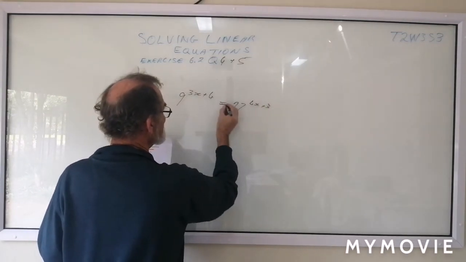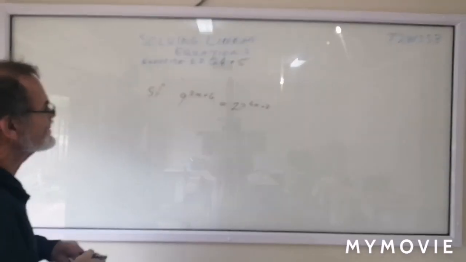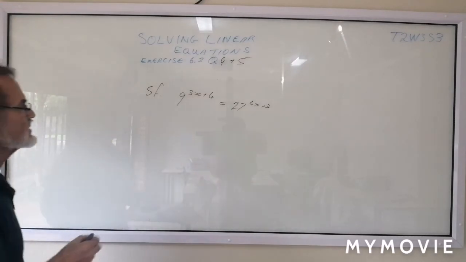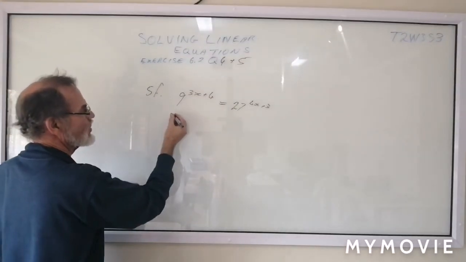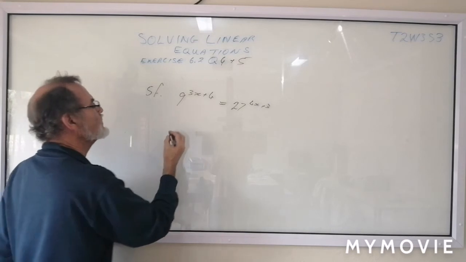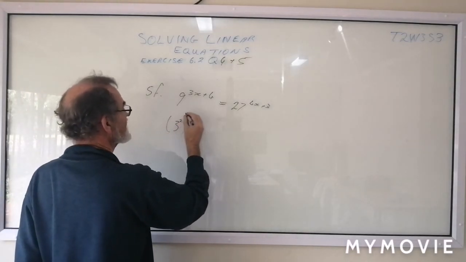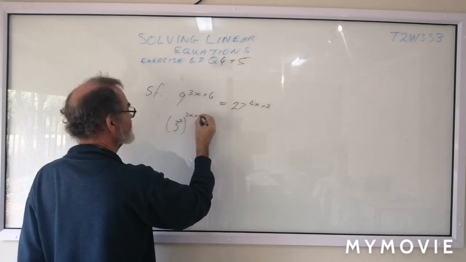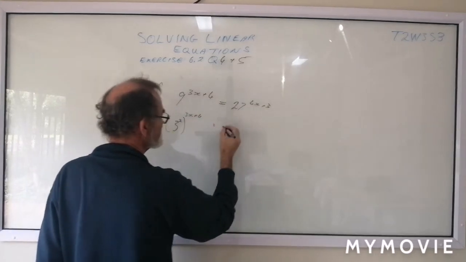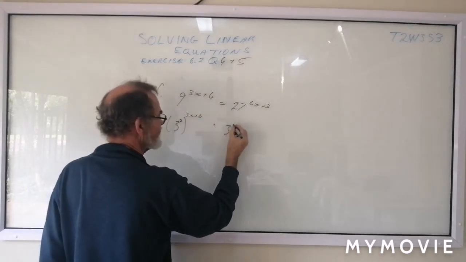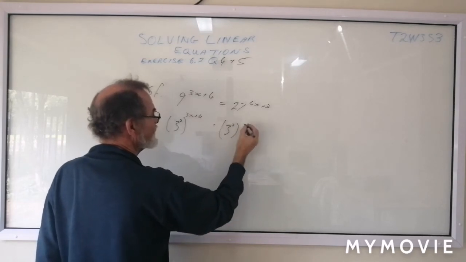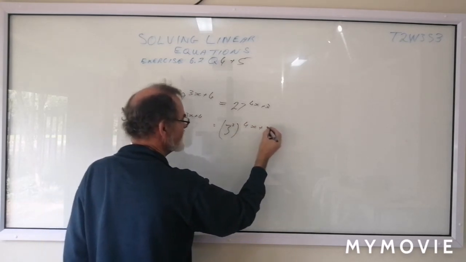So this one is actually the same as the previous one, there's just more of it. We're going to change our 9 as a power of a prime number. So 9 is 3 squared. And outside the brackets we still have 3x plus 4. And then we change 27 to 3 to the power of 3. And then outside the brackets we have 4x plus 3.